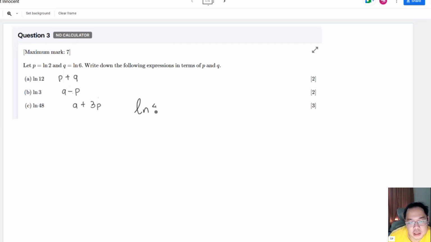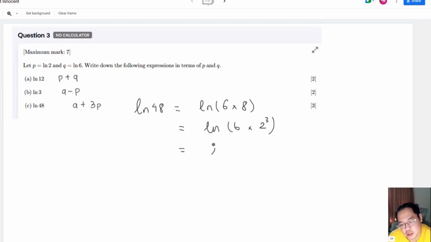Ln of 48 is equal to the ln of 8 times 6, 6 times 8. And then you can write one more step, which is ln of 6 times 2 cubed, and then split it into the 2 ln: ln of 6 plus ln of 2 cubed.